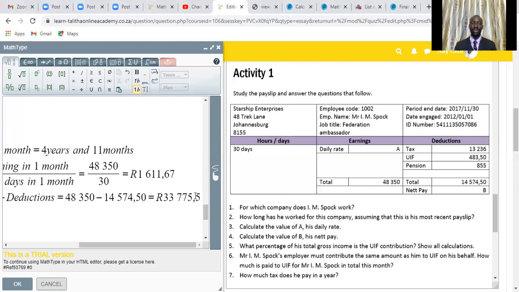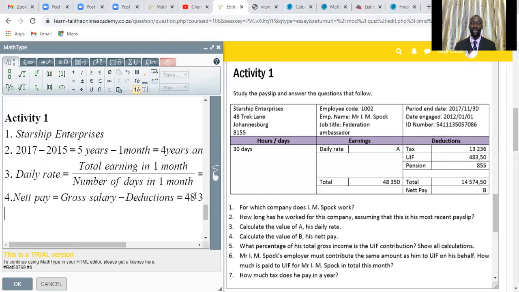So yes, for question 5, that is activity 1, question 5, we are supposed to calculate the percentage of his total gross income. What percentage of his total gross income is UIF contribution? And we are also required to show the calculations.